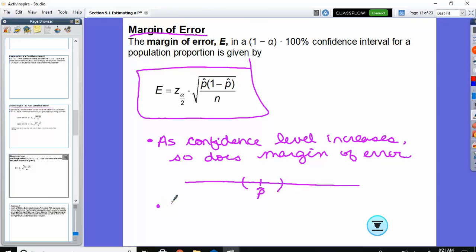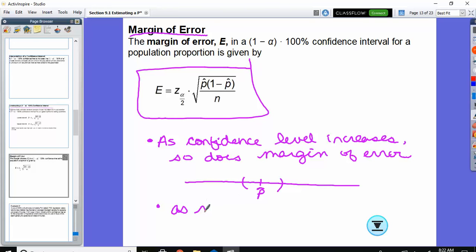Second thing that will impact it is sample size. We know that in general, the larger our sample, the more accurate our information is. If I just ask you guys who ate breakfast, that's probably not as accurate as if I ask the entire hallway. The more people you have in the sample, the more accurate it is.